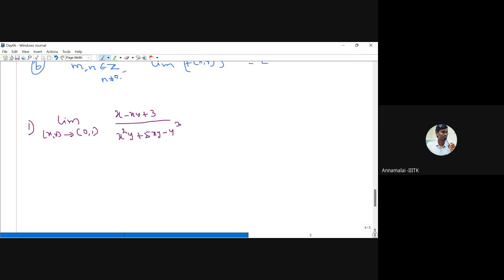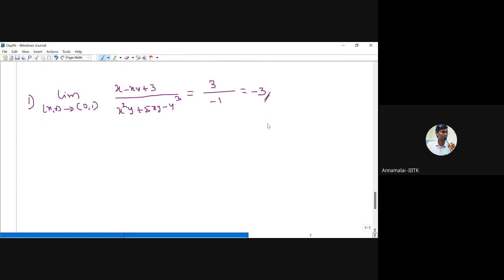Now, this is a rational function, numerator one function, denominator one function. Just directly substitute x equal to 0, y equal to 1. In the numerator, we get 3, because 0, 0, 3. The denominator is 0, 0, minus 1. Therefore, this is nothing but minus 3. Minus 3 is the limit. This is because it's defined. Numerator is a well-defined number, denominator is also a well-defined number. Therefore, this is the limit.